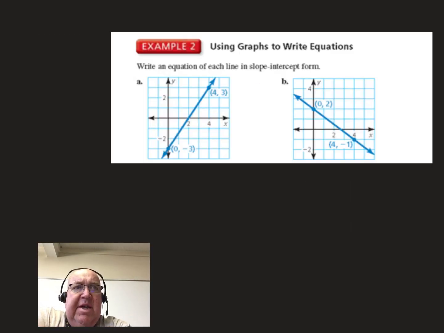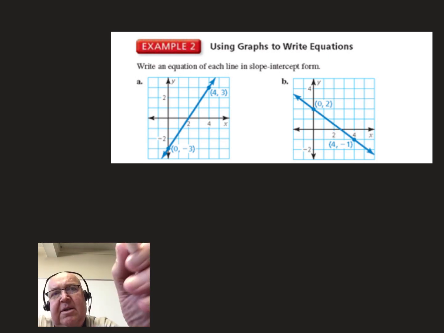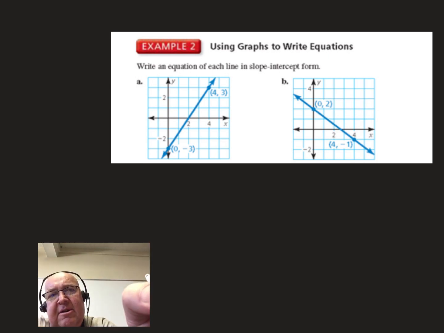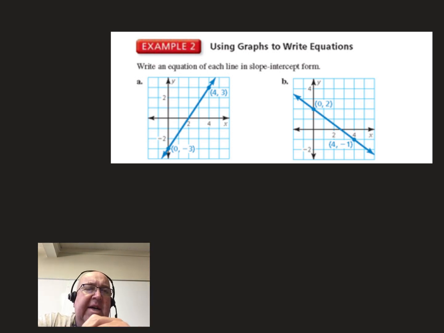So here we're going to have to do two things. We're going to have to find our y-intercept, where it is, and the slope. In these first two examples, we actually have our y-intercepts given to us. So where the x value is 0, whatever that is will be your y-intercept. And then we can calculate our vertical and horizontal changes.